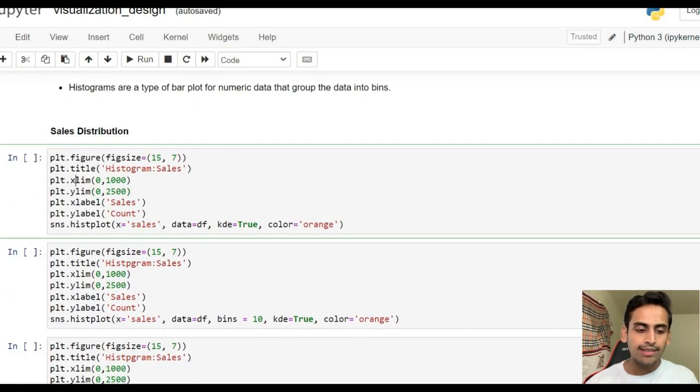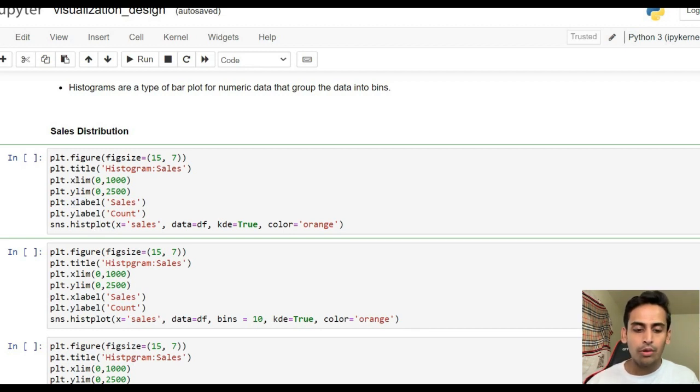And then xlim is one of the functions in the plt package, which tells what the range on the x-axis should be. So I'm setting my axis from 0 to 1000. Similarly, I'm doing ylim, or y-axis, from 0 to 2500. Then I'm labeling my axes: the x label would be sales and the y-axis name would be count.